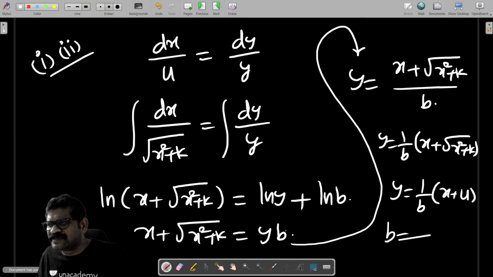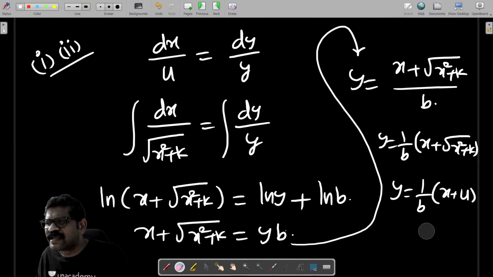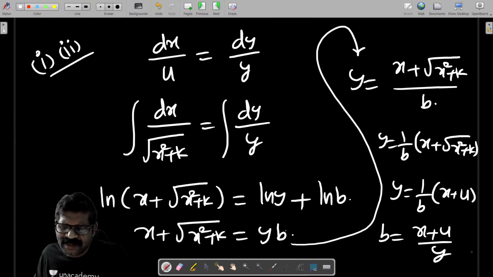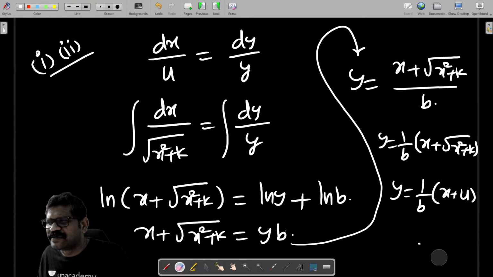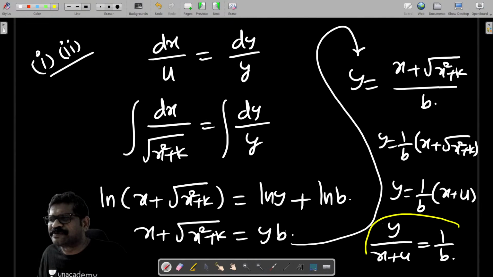From this b is equal to x plus u by y. Therefore, the constant b equal to x plus u by y. Otherwise, you can write that constant is y by x plus u. You can write 1 by b equal to y by x plus u. In that manner also you can write. Observe, y by x plus u equal to 1 by b. This is another solution.